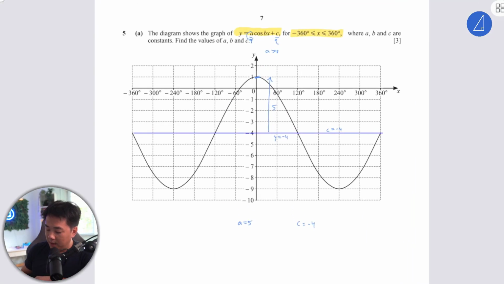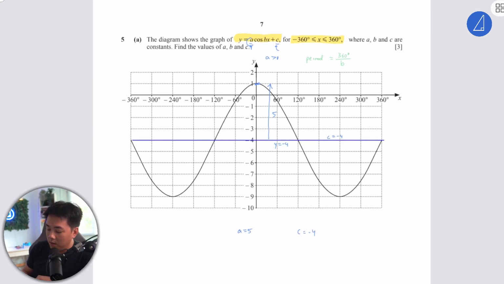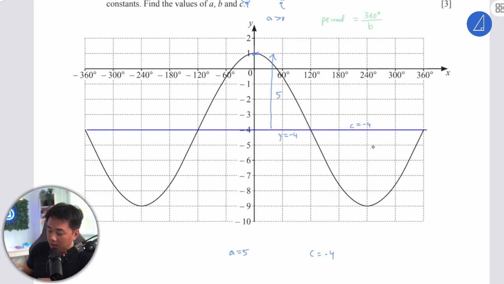So you ask yourself about the period. The period is 360 degrees divided by b, right? So think about it. What is the period here? This is one quadrant, and you need 4 quadrants to form a period.